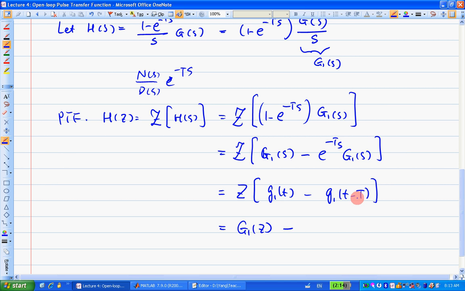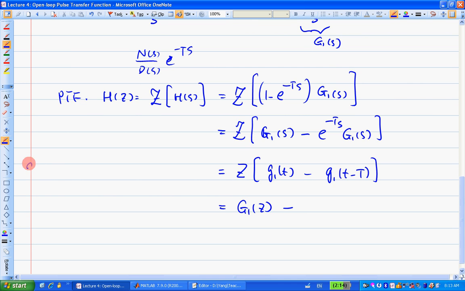And here you have a delay t minus the capital T, the one sampling time. If you recall one of the properties, this is continuous; after sampling, it's kT minus T, which is basically G1 of (k minus 1) capital T. That makes sense, right?